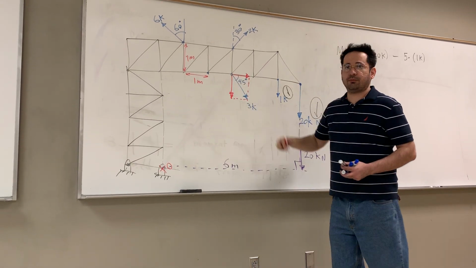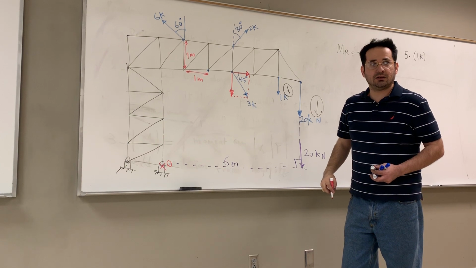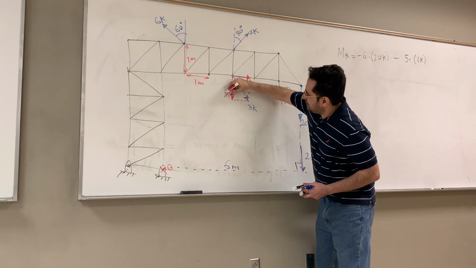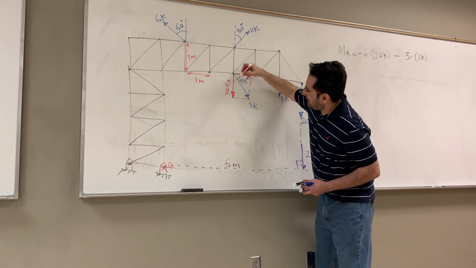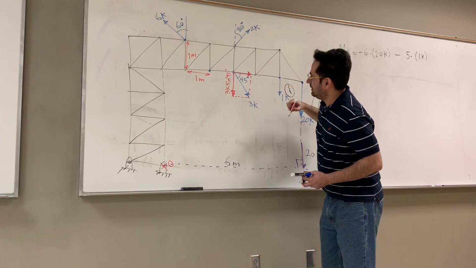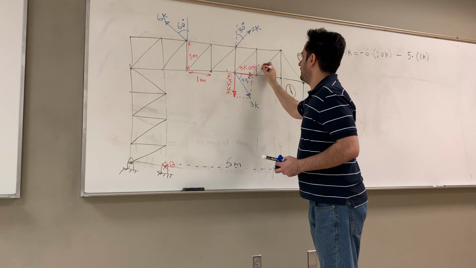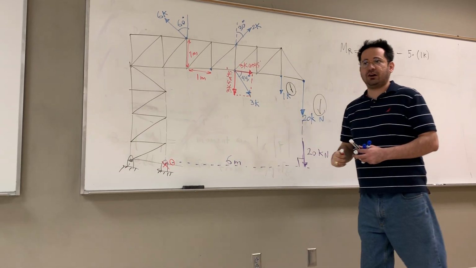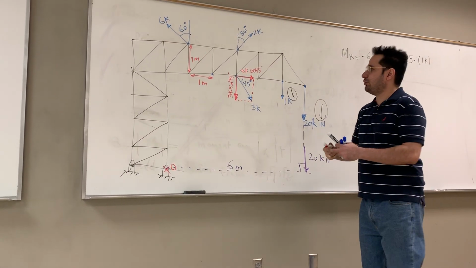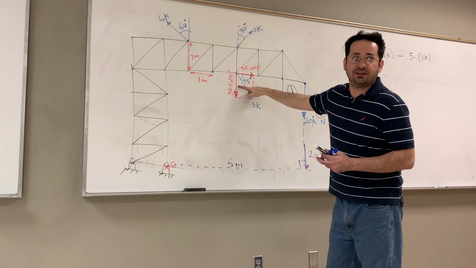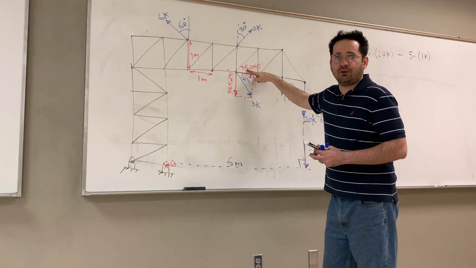So what's the value of the y component? 3k, thank you, sine of this angle, which is 45 degrees. And the x component is 3k cosine 45 degrees. Right? Now let's do it for this component, and then do it with this component.